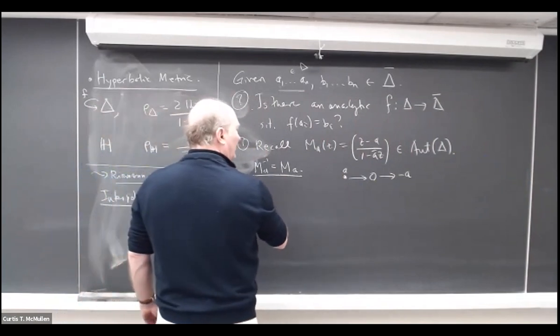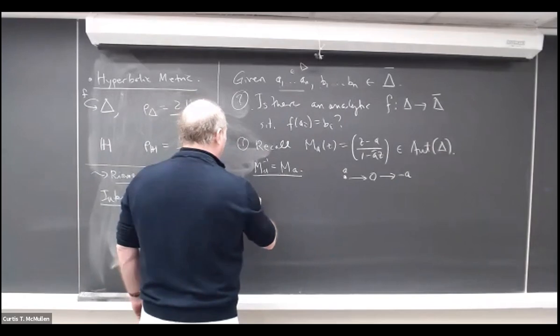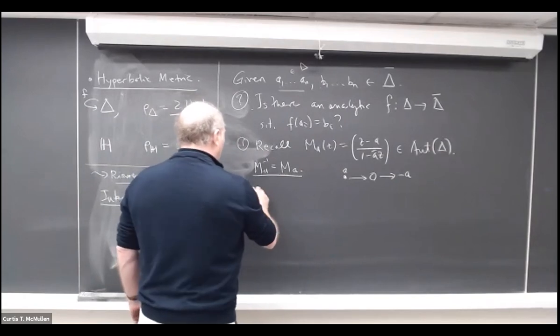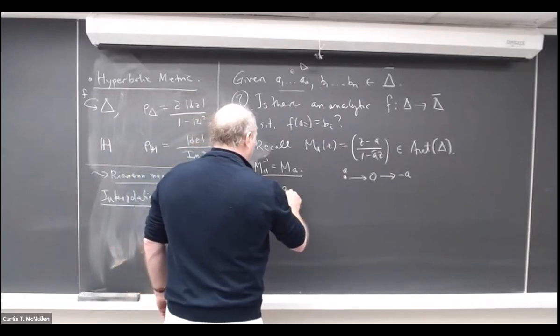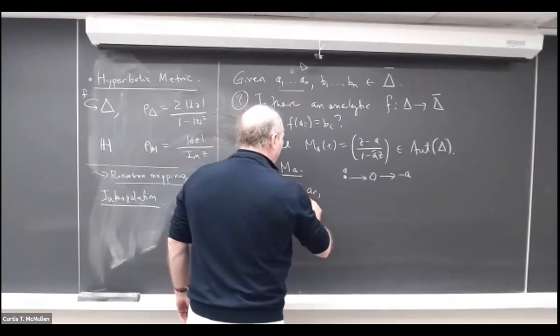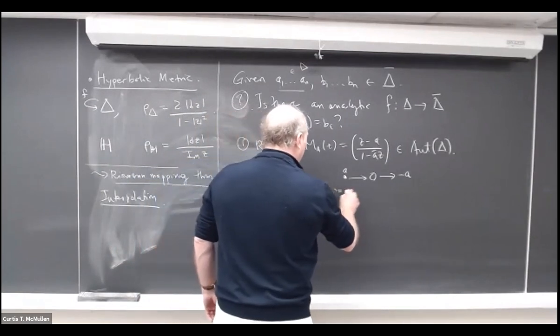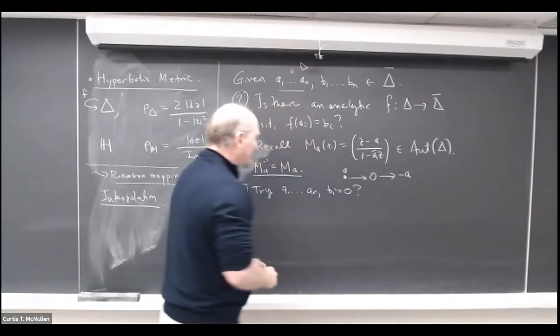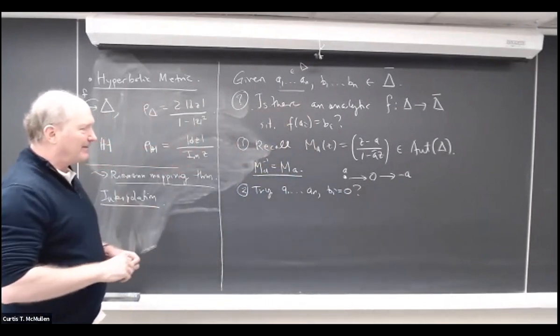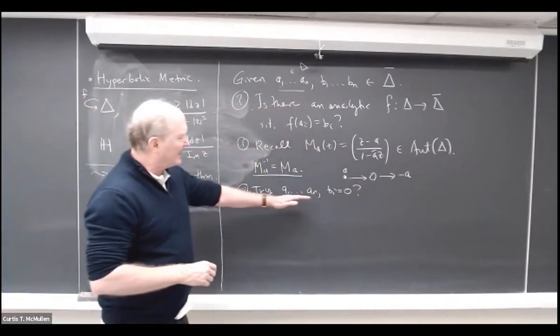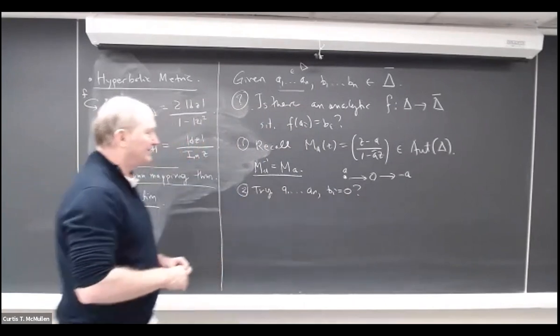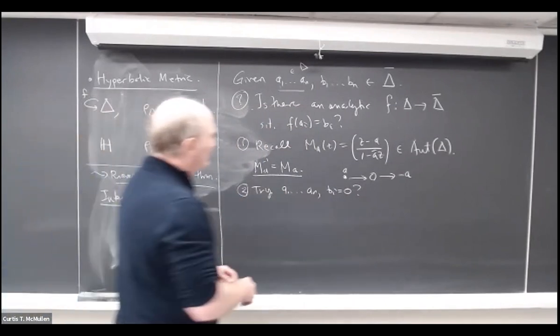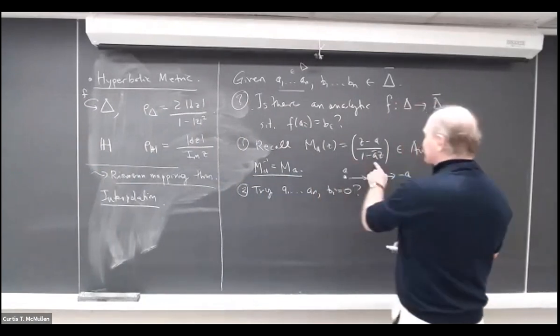Let me solve a slightly different problem. Let's try having a bunch of points a_1 up to a_n and all the b_i equal to 0. Can we find an analytic map of the disk to itself that sends n given points to the origin? Well, here's a map that sends a to 0.